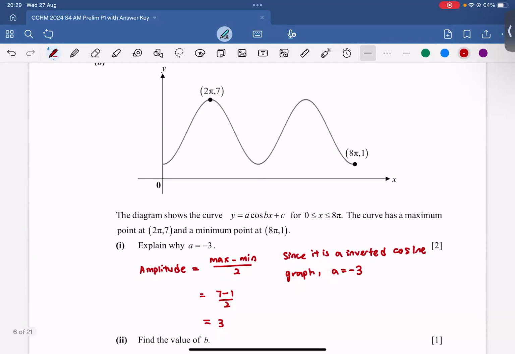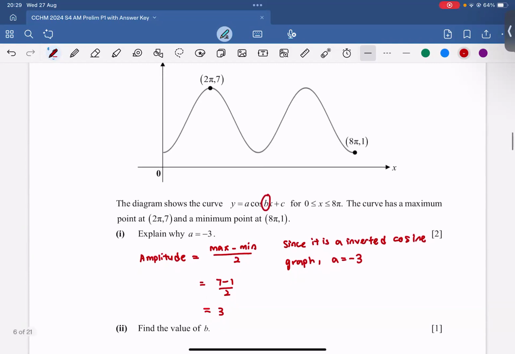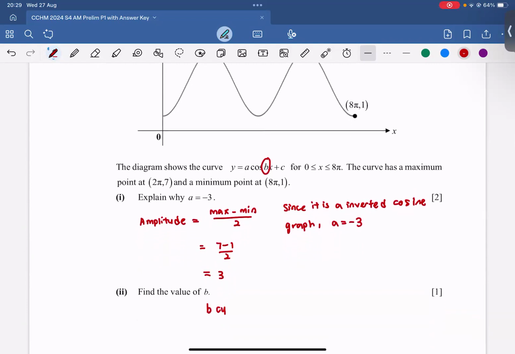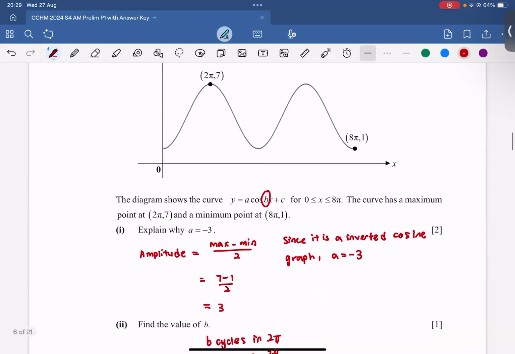Okay, next find the value of B. So what does this B represent? This B represents how many cycle do you have in 2 pi. It's always 2 pi. So over here, we know we have B cycles in 2 pi. So one cycle will be completed in 2 pi over B. So from the diagram now, we need to see where is our one cycle.